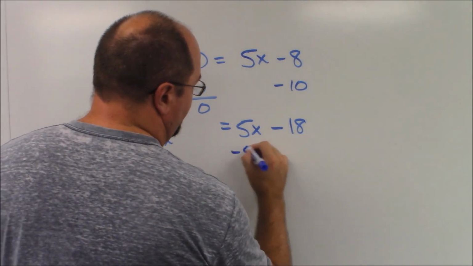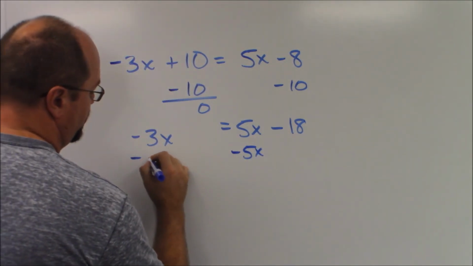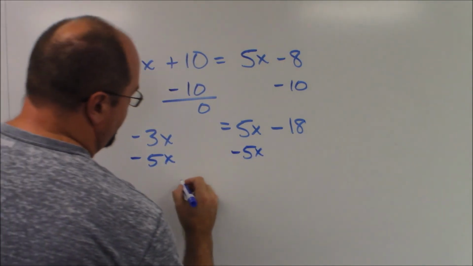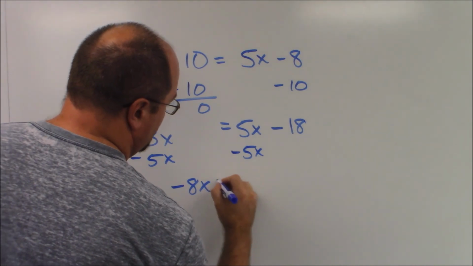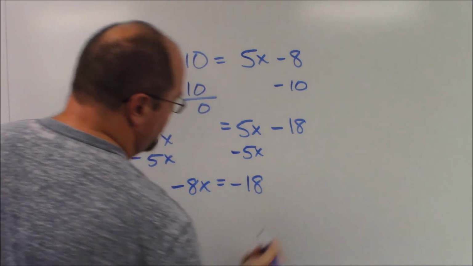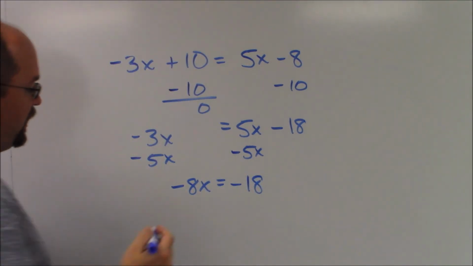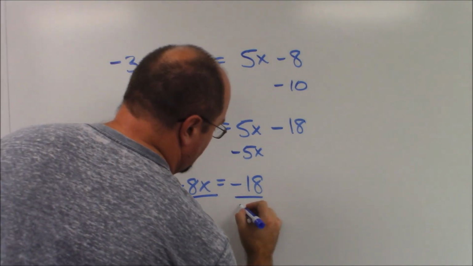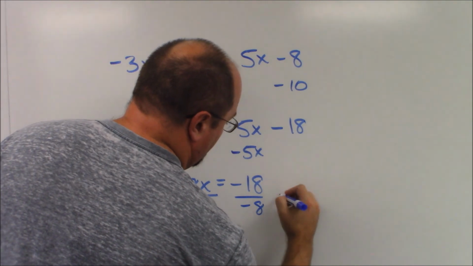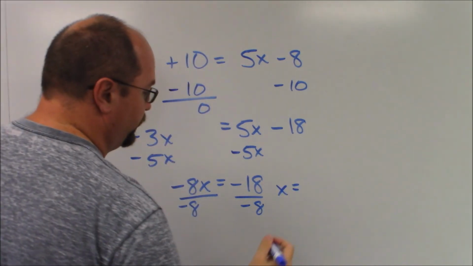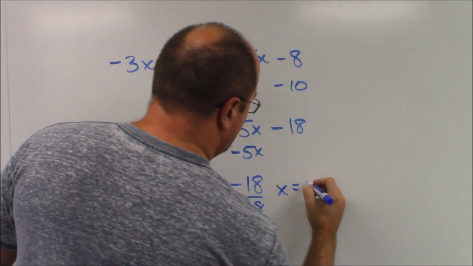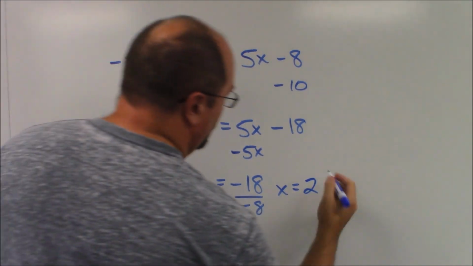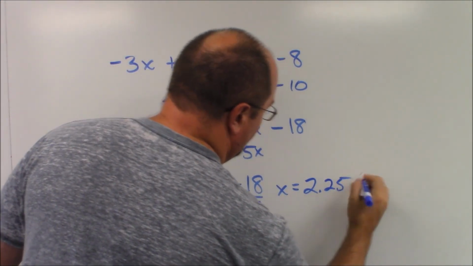So I'm going to subtract 5x. And so I'm going to end up with negative 8x equals negative 18. All right, now I need to isolate x, so I'm going to divide both sides by negative 8. And I'm going to get x equals 2 and 1/4, or 2.25.